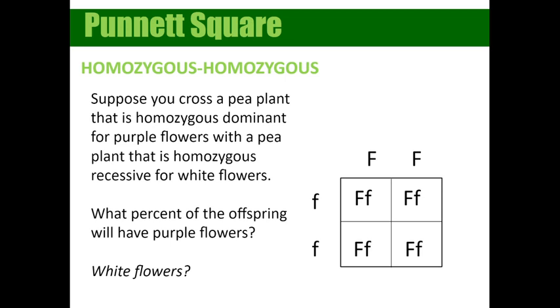They all have a little f and a big F, which means that 100% of the offspring will have purple flowers. Because remember, purple is dominant, and all of these boxes have a big F in them, meaning that 100% will have purple flowers. So 0% are going to have white.